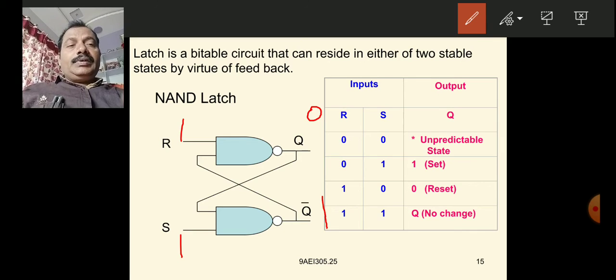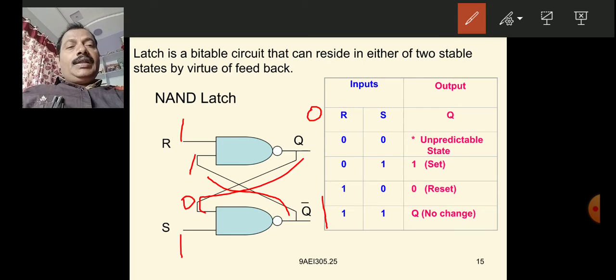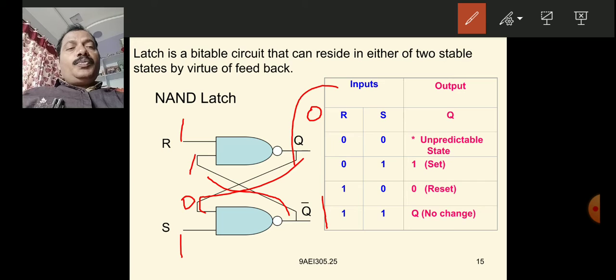If you observe, this 0 is fed back here and this 1 is fed back here. Then what is the top NAND gate output? 1 1, output is 0. Bottom NAND gate 0 1, output is 1.